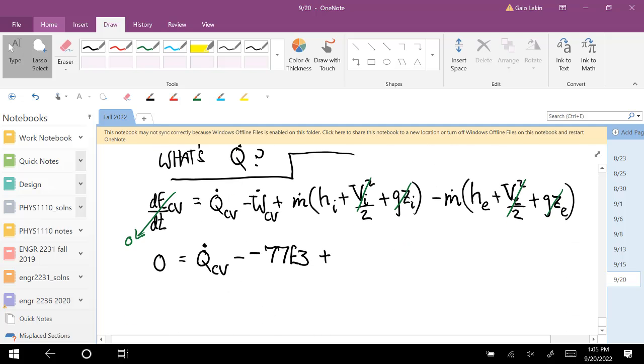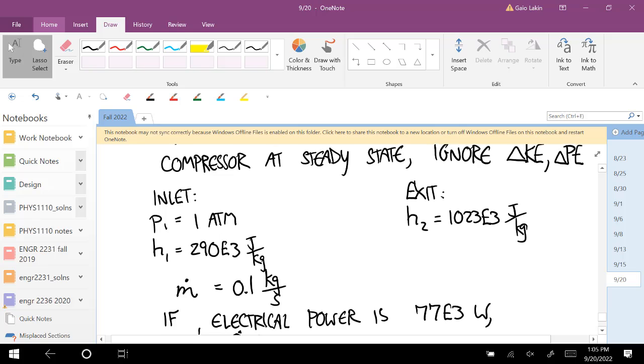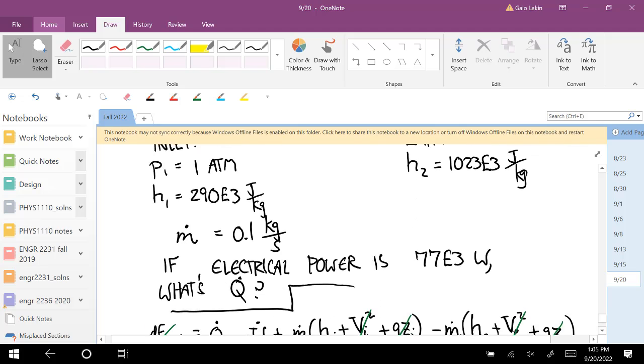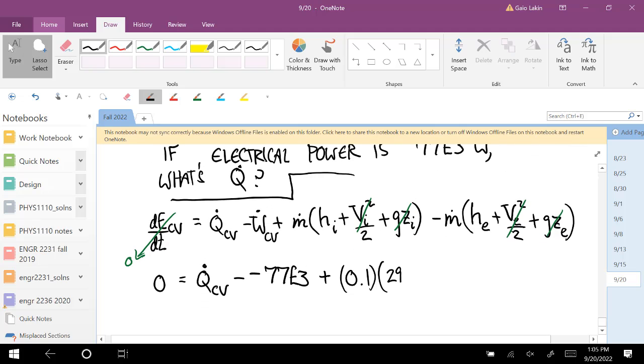Plus 0.1 times enthalpy at the inlet, which is 290 times 10 to the third, and then minus enthalpy at the exit, which is 1023 times 10 to the third.